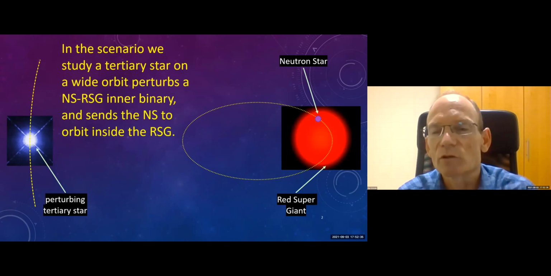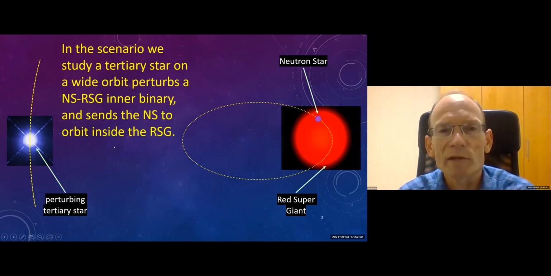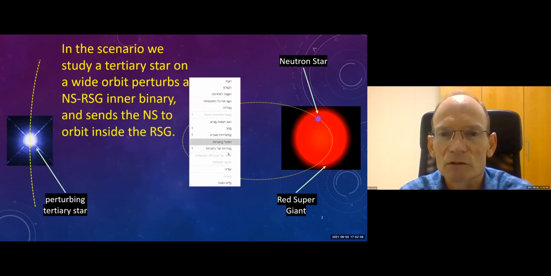So what is the scenario we are studying here? We're talking about a tertiary star on a wide orbit which perturbs a neutron star and a red supergiant inner binary. And the perturbation sends the neutron star to orbit inside the envelope of the red supergiant.